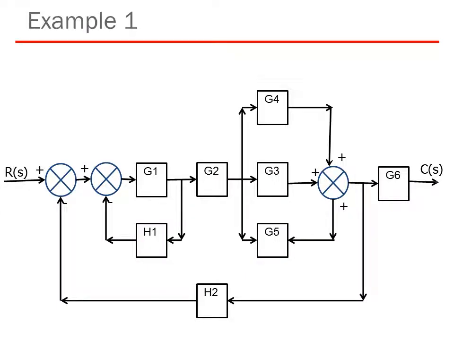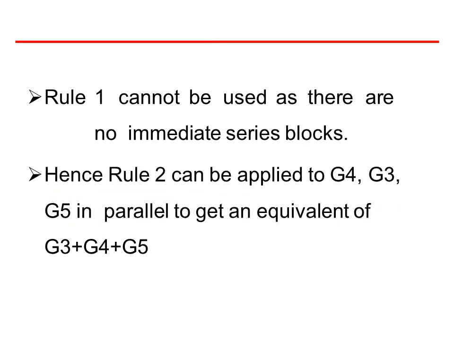Draw the diagram so that you will get how to calculate or how to use the block diagram reduction. Rule 2 we can apply because G3, G4 and G5 are in parallel.